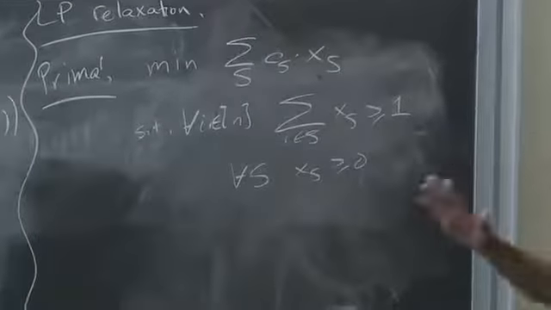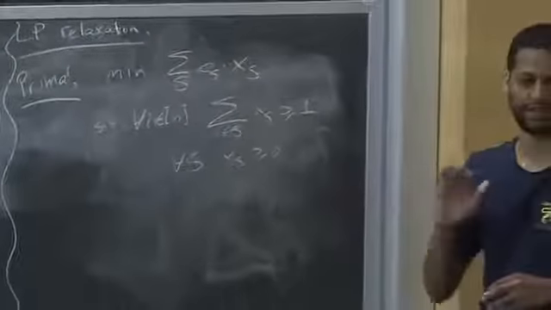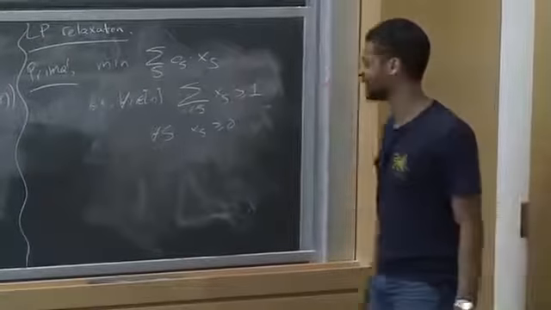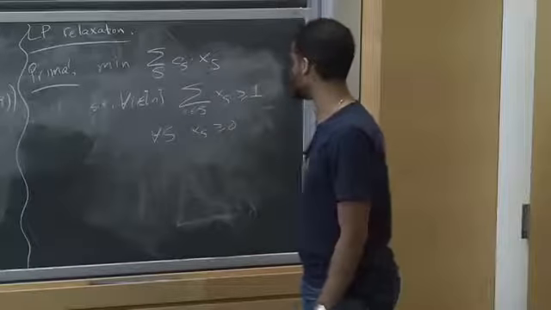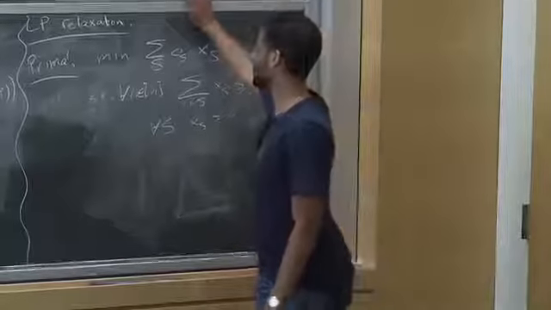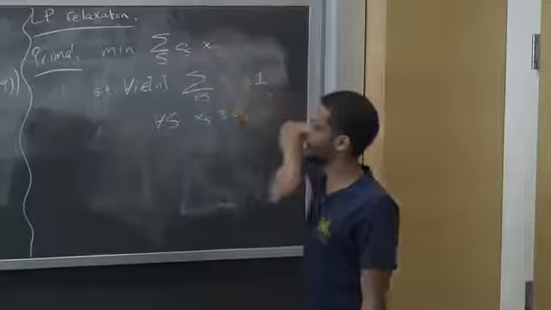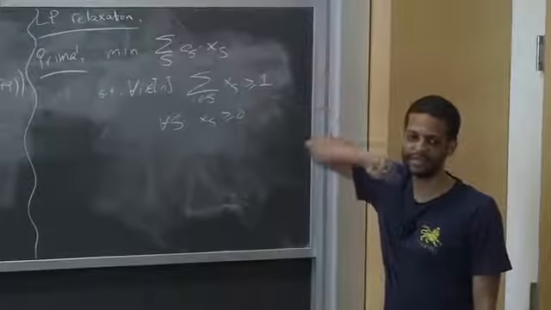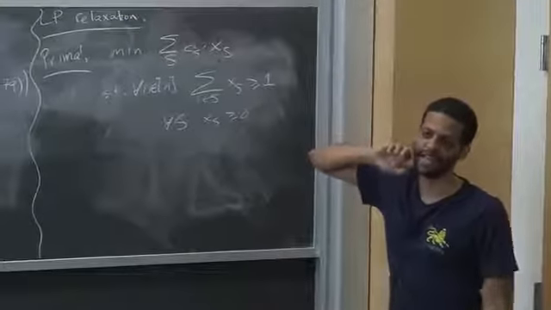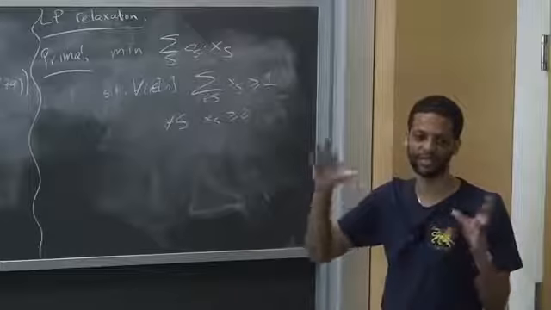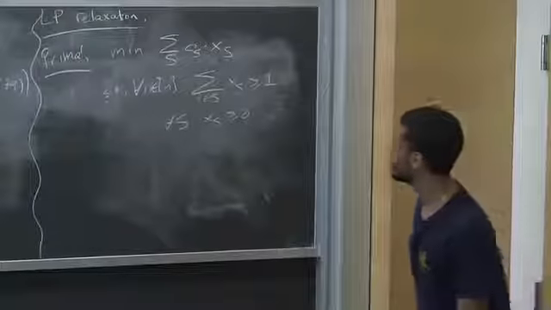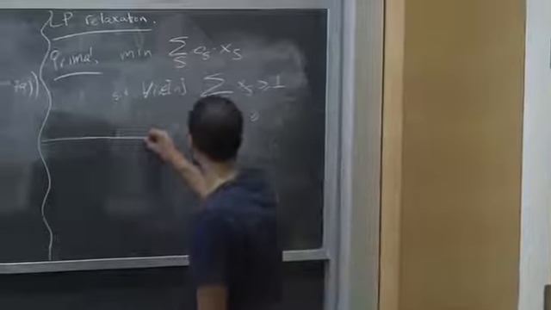If you want to read more about this, you Google for the Sherali-Adams hierarchy. I'm not going to talk about that in class, but you can show that eventually this thing becomes the integer program, but by that time you've blown up the LP to exponential size.